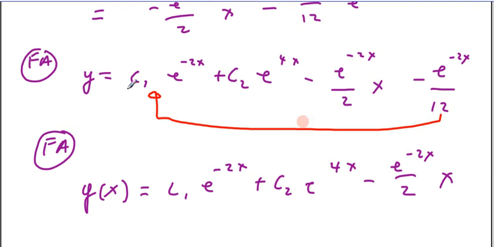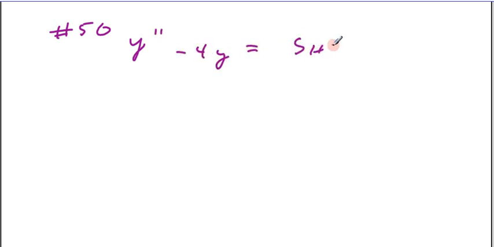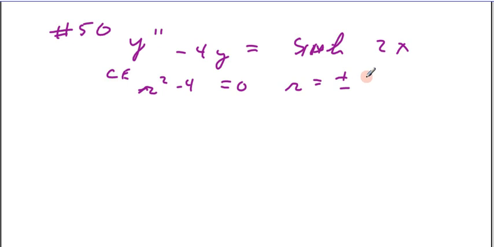Okay, number 50: y double prime minus 4y is equal to hyperbolic sine of 2x. I look at my equation. I have a characteristic equation, r squared minus 4 is 0. R is going to be equal to plus or minus 2.